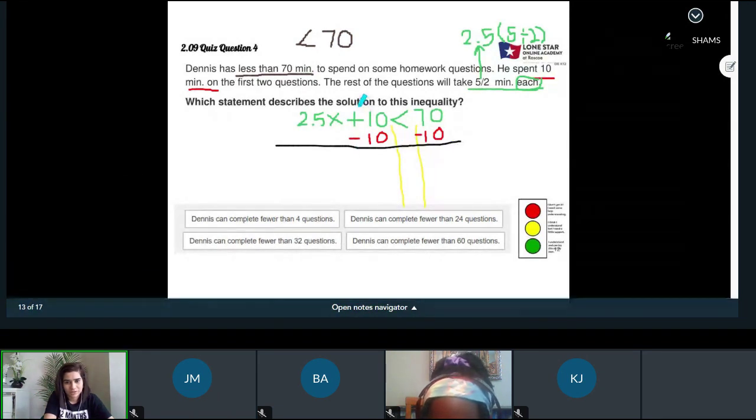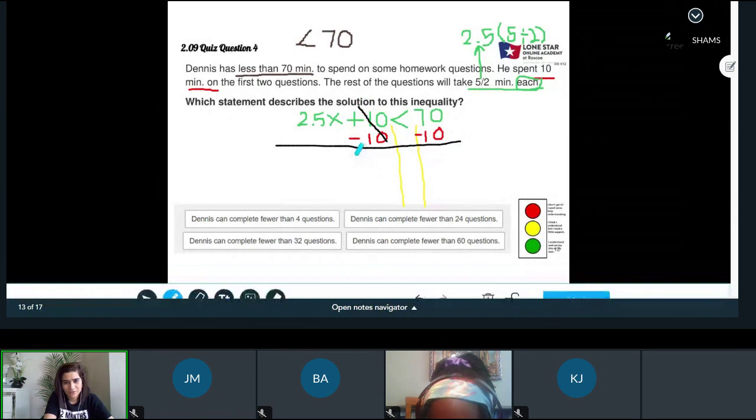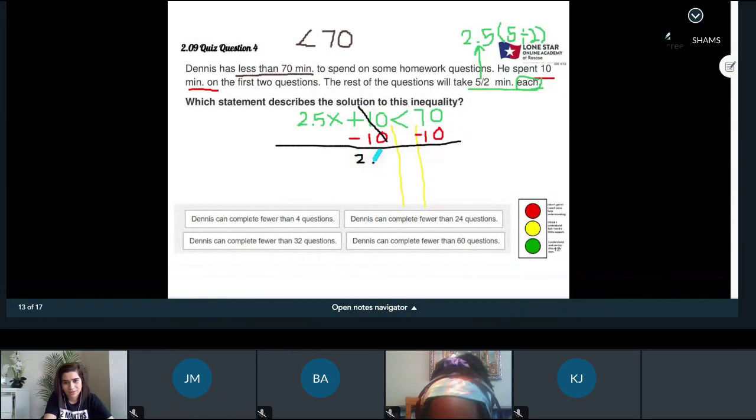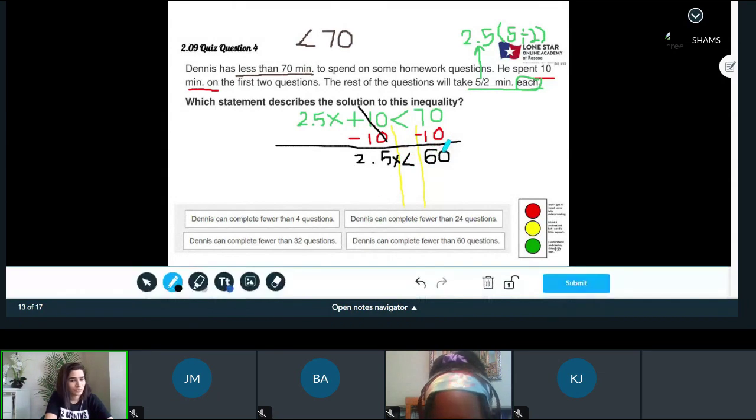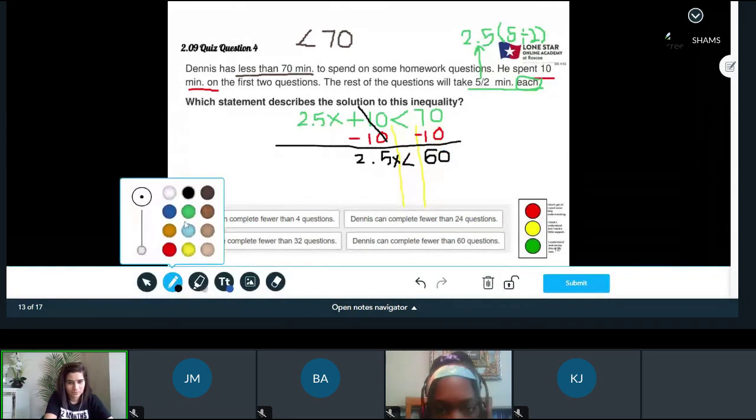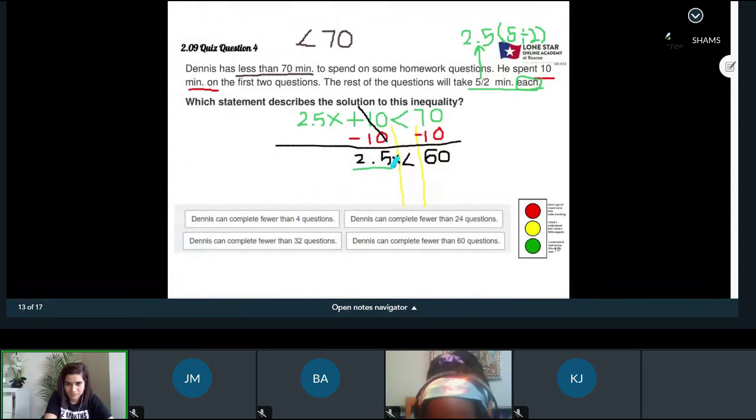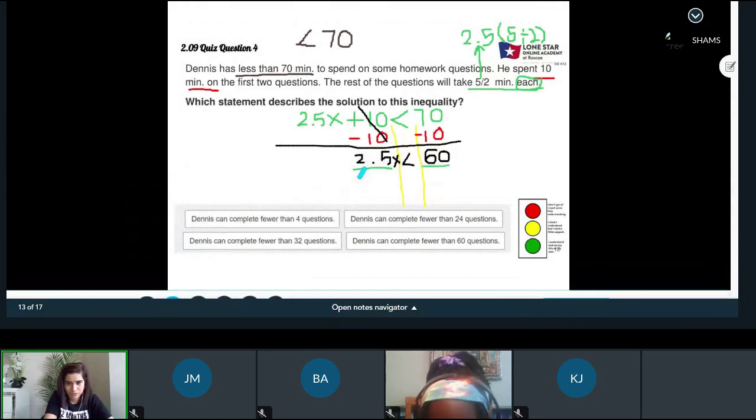So this becomes 0, and you have 2.5x is less than 60. You will go ahead and divide both sides by 2.5 to get x by itself. Divide both sides by 2.5.